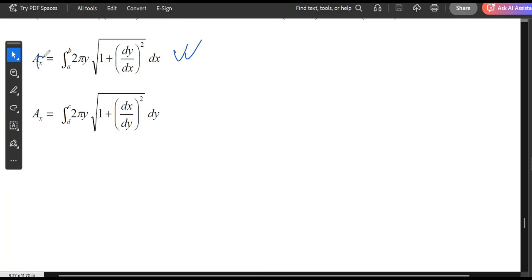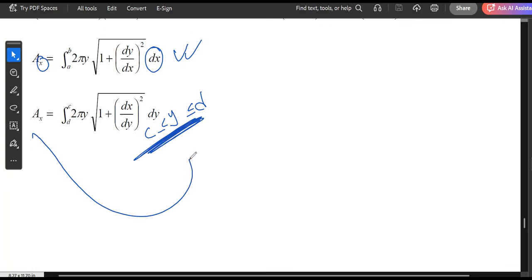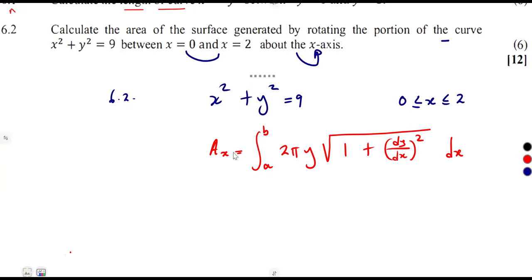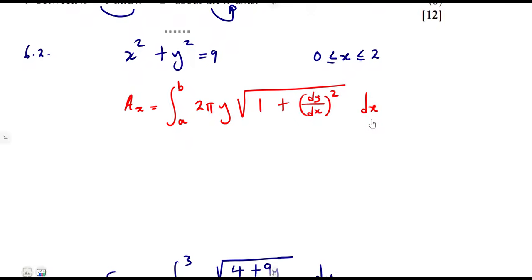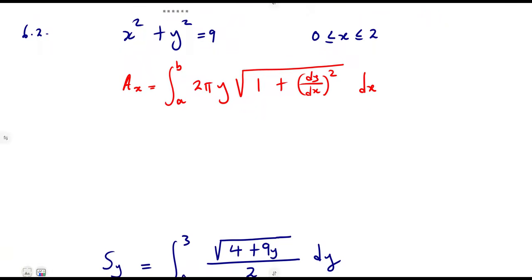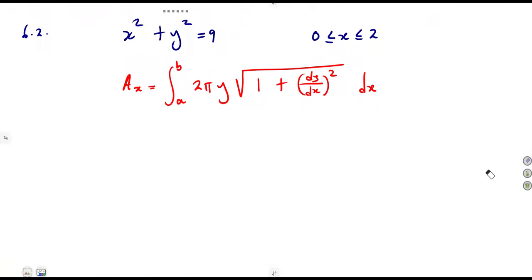Take note, the other one is used when you are given the limits for y. If these limits were for y, but they want you to calculate the area about the x-axis, you can do that. It is a proper thing to be done. But we must consider exactly what you're given.